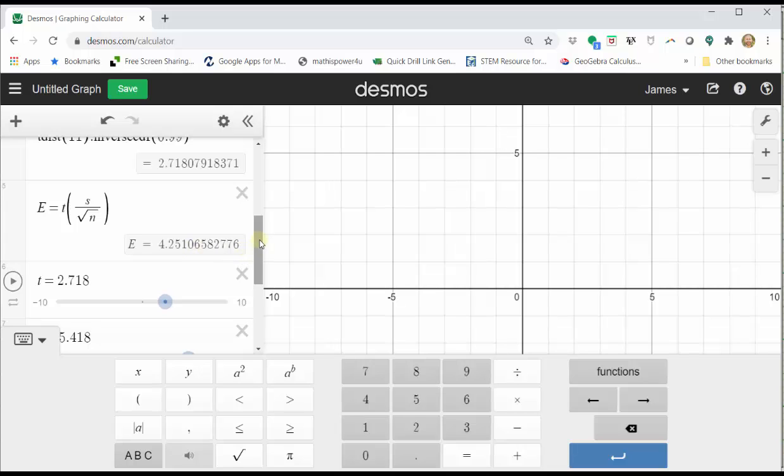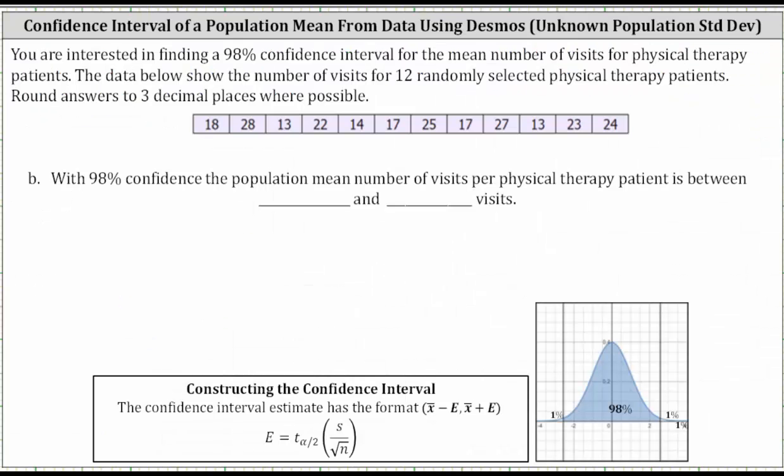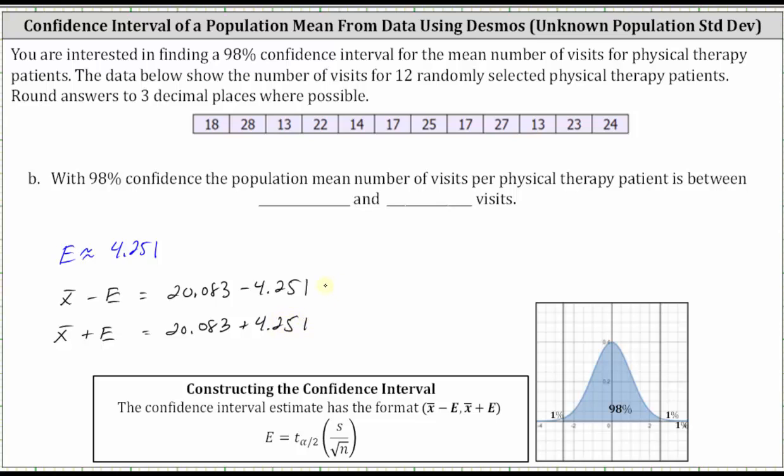So now that we have the error, we can determine the confidence interval. So going back to our work, we now know E is approximately 4.251, and now we can determine the confidence interval. We need to determine x bar minus E and x bar plus E. Or x bar minus E is 20.083 minus 4.251, and x bar plus E is equal to 20.083 plus 4.251.